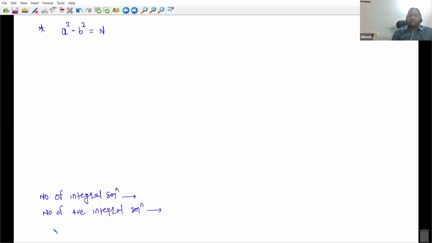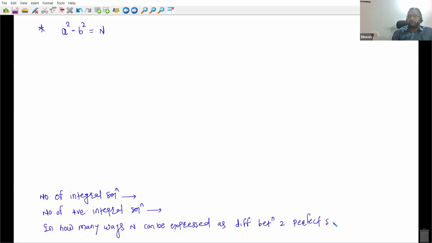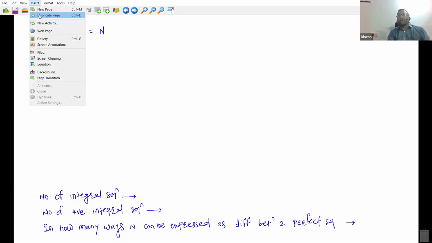After that, we need to find in how many ways a number n can be expressed as difference between two perfect squares. So these are the three types of questions that we are going to have a look at.